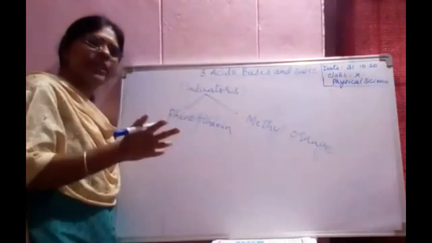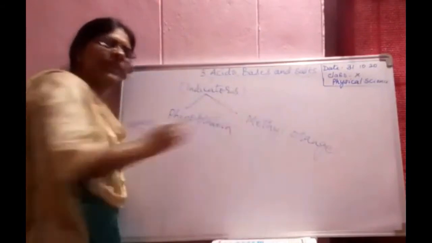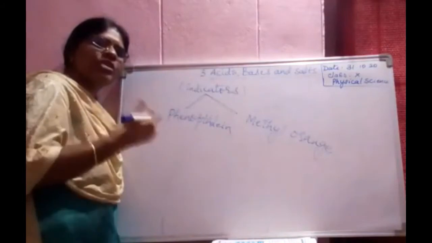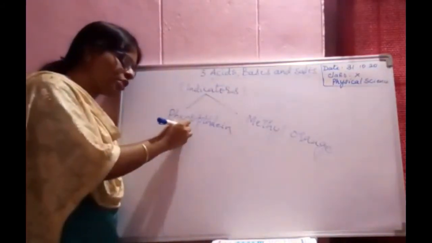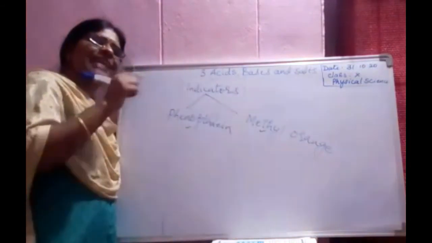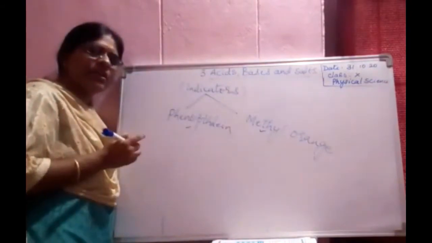There are two indicators, phenolphthalein and methyl orange. Every time, not only using the litmus paper, you can also use these indicators to find whether it is an acid or a base. Okay?